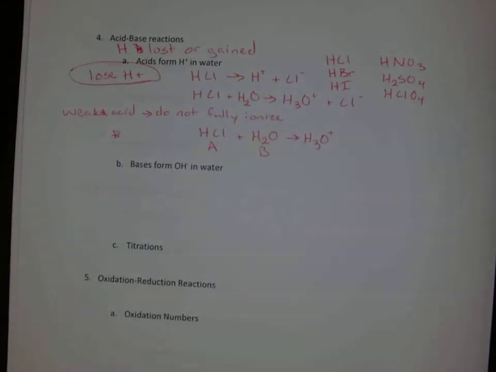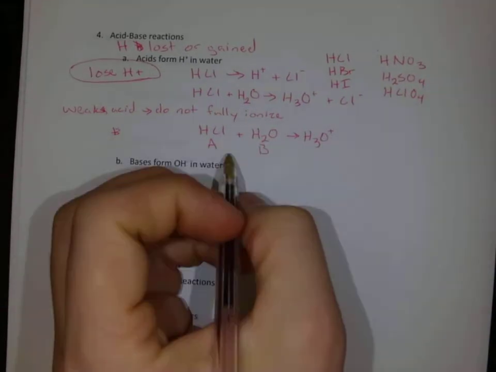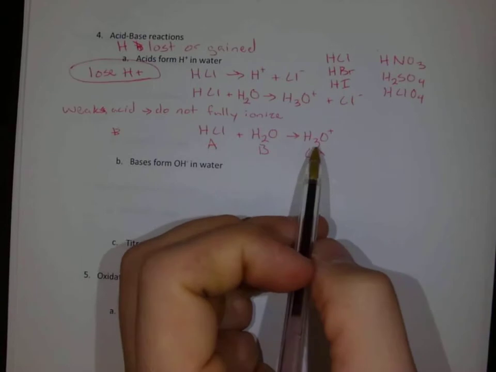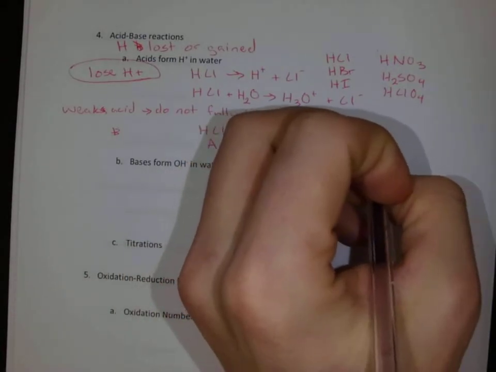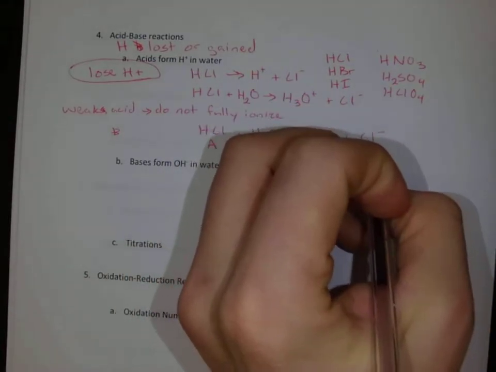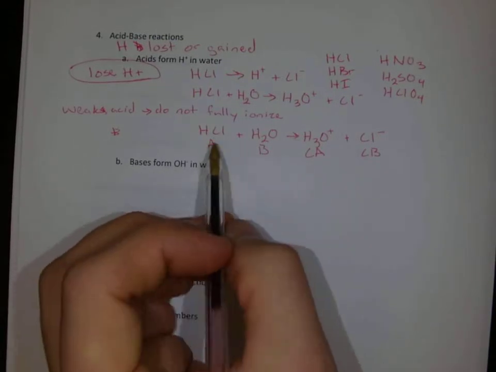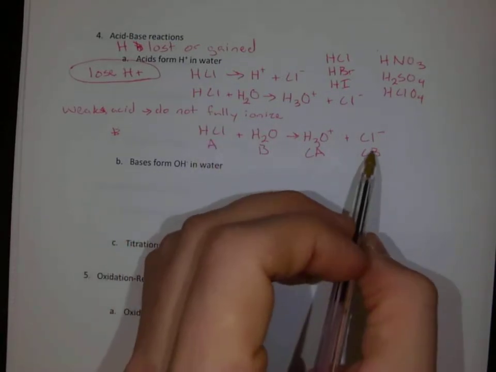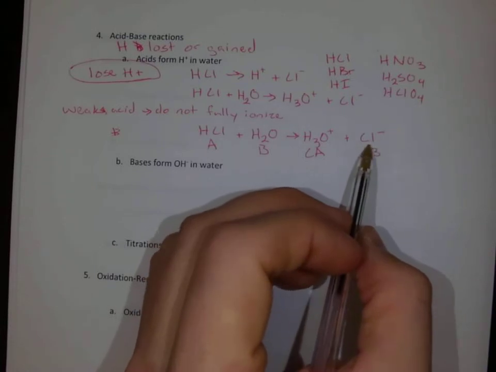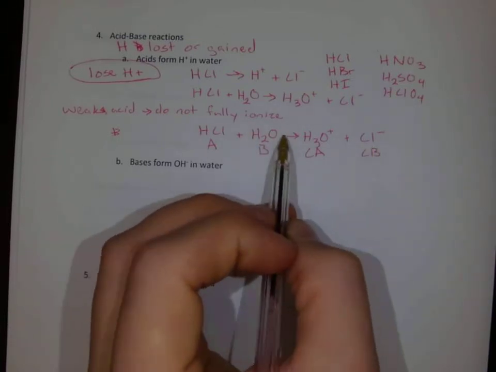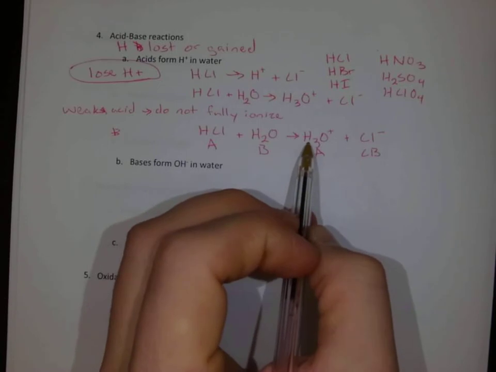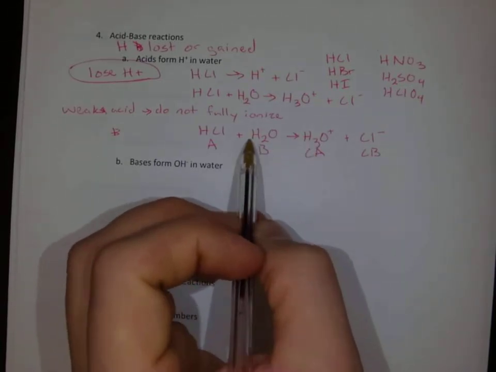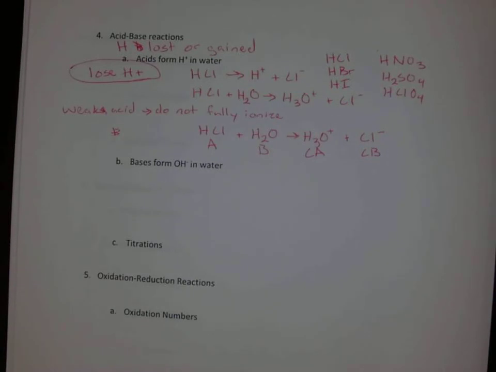H2O in this case is acting as a base, okay? But our conjugate acid is H3O plus, and our conjugate base is Cl minus, okay? So the acid, HCl, loses H plus, it has a conjugate base after it's lost that H plus. The base, H2O, has a conjugate acid that could lose H plus, right? It's gained that H plus now, it could lose it and come back to be the base, okay?